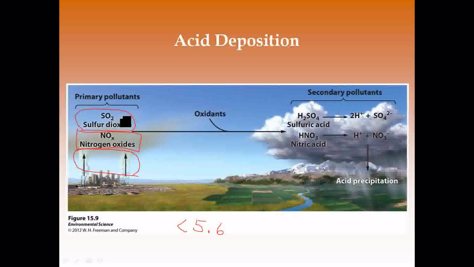All right, so the SO2 gets up into the air and travels, as I said, 10, 20, 30, even hundreds of miles. And then what happens secondarily is this SO2 reacts with H2O and gives us H2SO4, sulfuric acid.